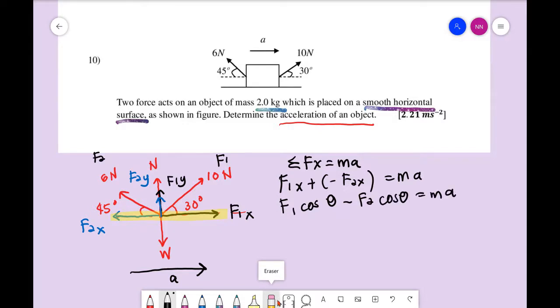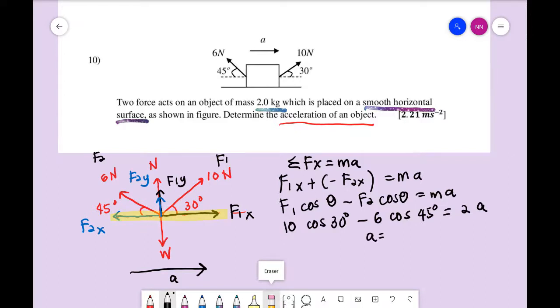So F1 is 10 and theta is 30 degrees, F2 is 6 Newton and theta is 45 degrees, M is 2 kilograms, and acceleration A is the unknown that you have to find.